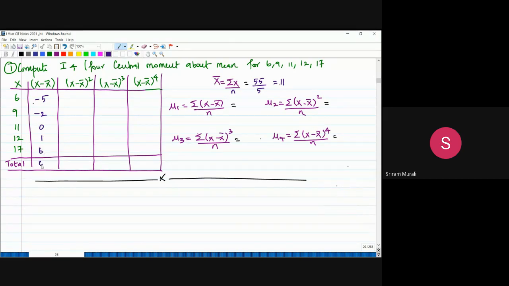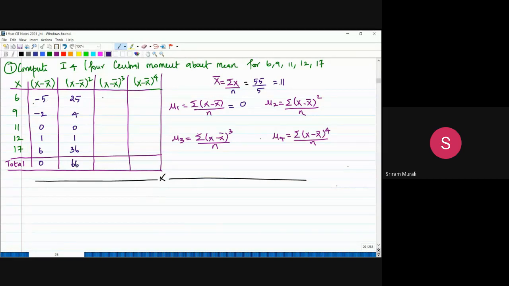If I add everything, I will get 0. The first moment is always 0. What is the second moment? Square it. Second moment, just square this: 25, 4, 0, 1, 36. If I add, I get 66.